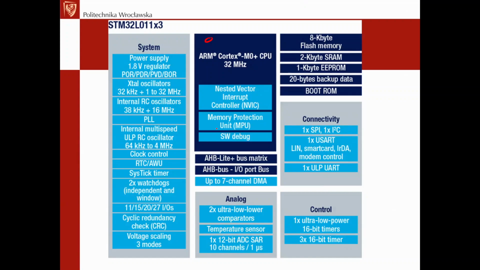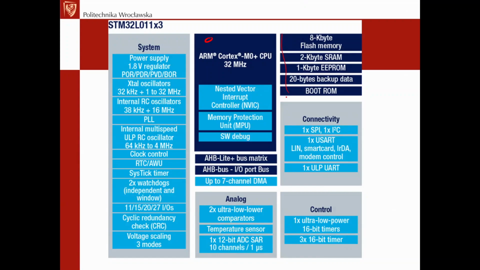But to this we've got the standard set of peripherals, but not too many, and a standard set of memories, but the numbers are not too large, because it's just 8 kilobyte flash memory, 2 kilobyte SRAM, 1 kilobyte EEPROM, plus some basic boot ROM for uploading the software over UART or SPI. Just take a look, just 8 kilobyte flash memory.